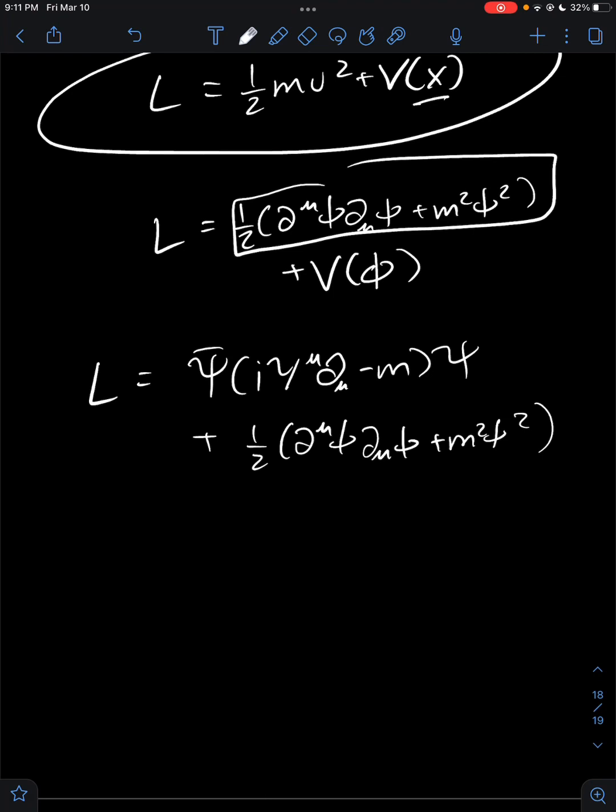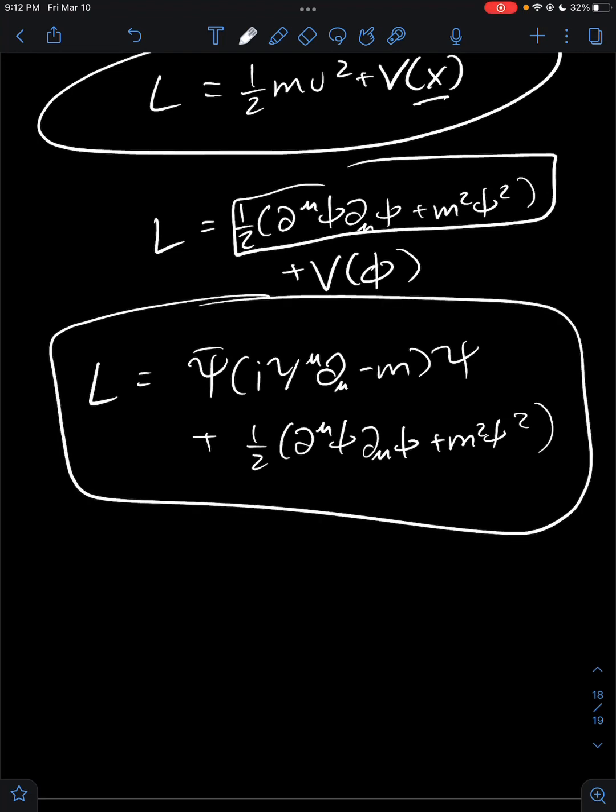We can better illustrate this by writing down the Lagrangian for a system with spinor particles and scalar particles. So this Lagrangian right over here, there's no interactions happening at all. If we were to chuck this Lagrangian into the Euler-Lagrange equations and crank out the math, we would get the Klein-Gordon equation and the Dirac equation.